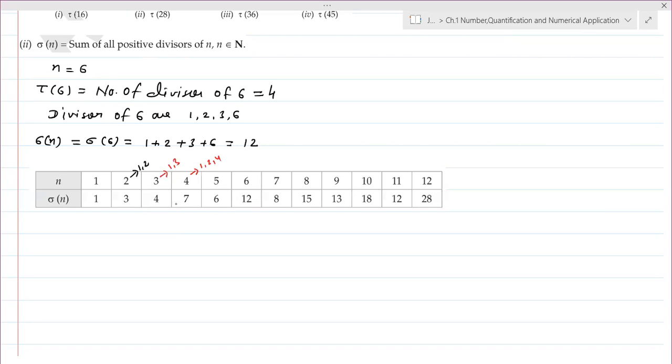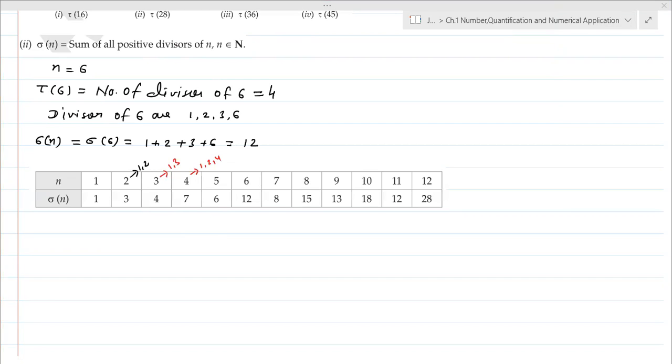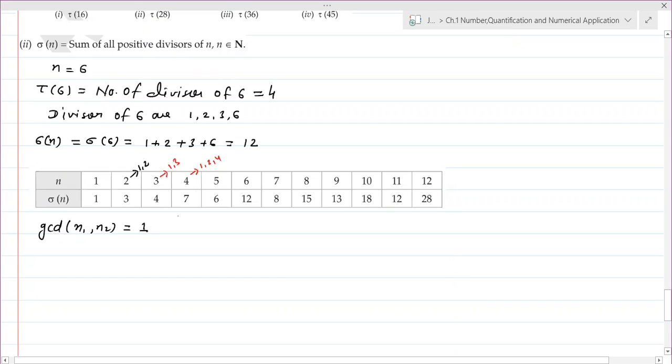Now we want to check whether this given function, for positive values of n, is a multiplicative function or not. According to the definition of a multiplicative function, it states that if the GCD of two numbers n1 and n2 is 1, then f of n1 times n2 is equal to f of n1 times f of n2.